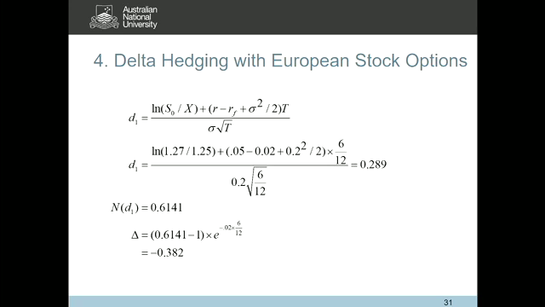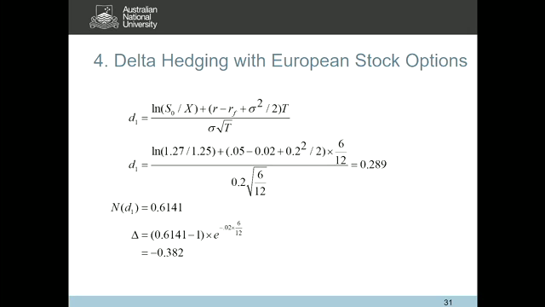We have a volatility of 20% squared over 2 times 0.5, half a year, and a volatility of 0.2 times the square root of 0.5. So that gives me 0.6141 for my ND1. Because it's a put, I subtract 1 from it, and then I remove the US risk-free rate, so e to the power of negative the 2% US risk-free rate times half a year, to give me negative 0.382. Ignore the negative sign, but don't ignore the 0.382.